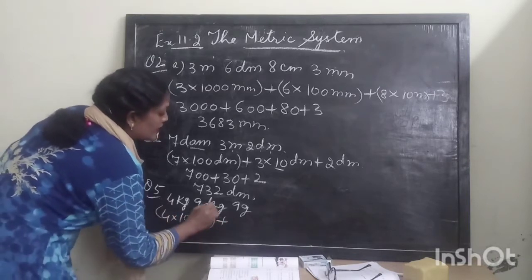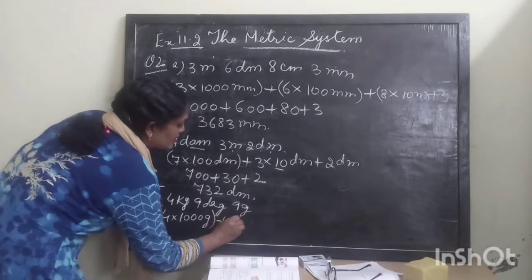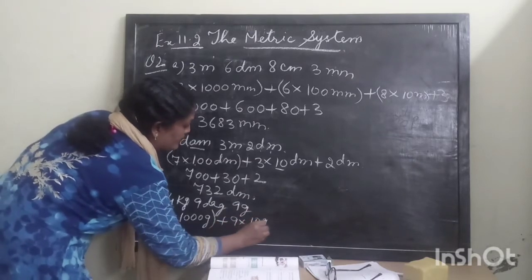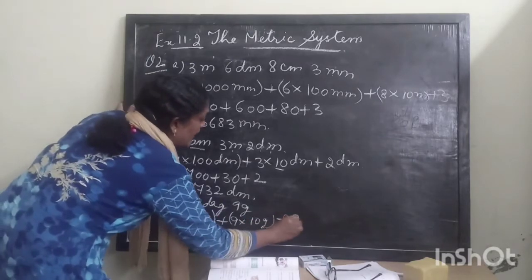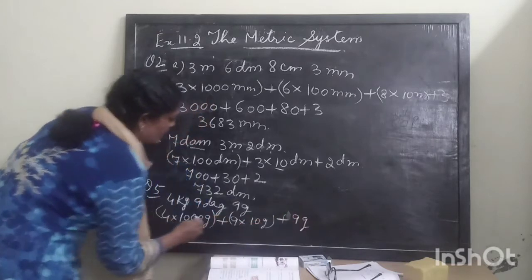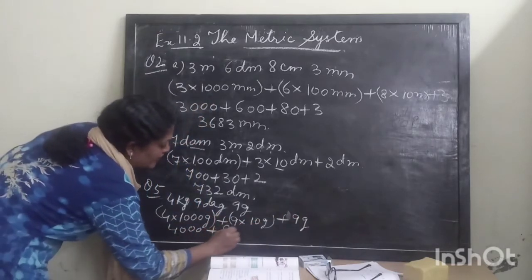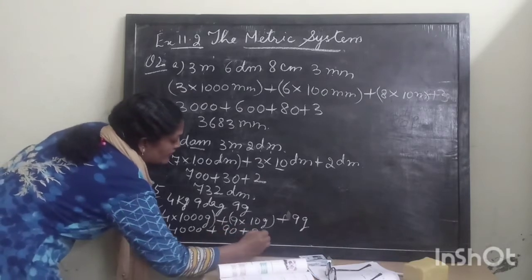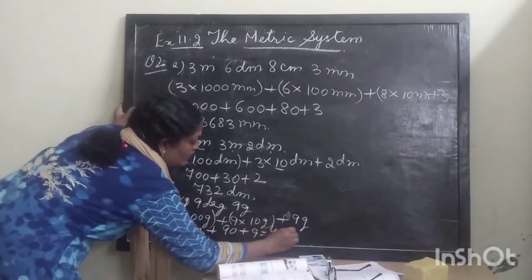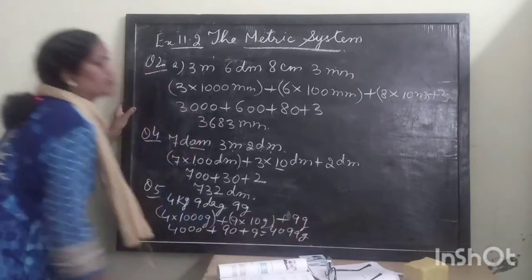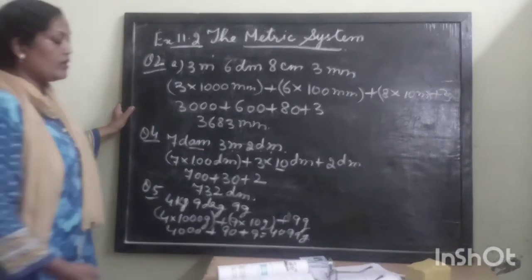Plus, decagram is how many grams? 10 grams. Plus 9 grams. So it will become 4000 plus 90 plus 9. 4099 grams. All of you understood?